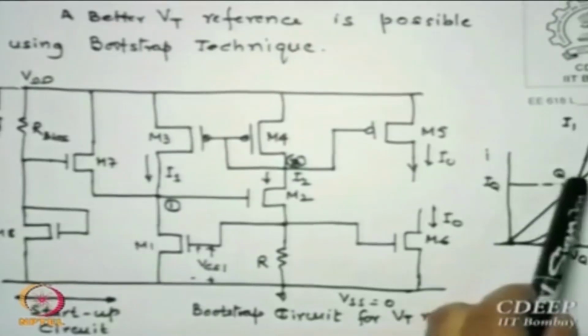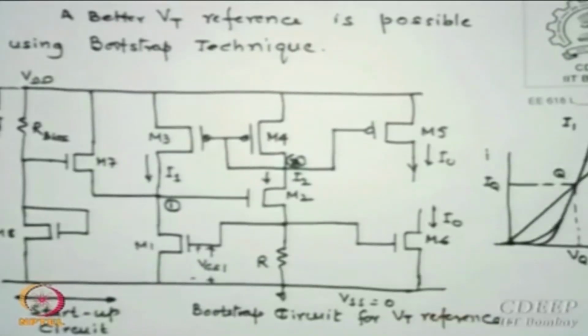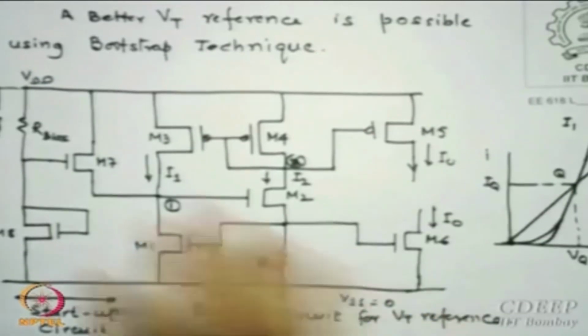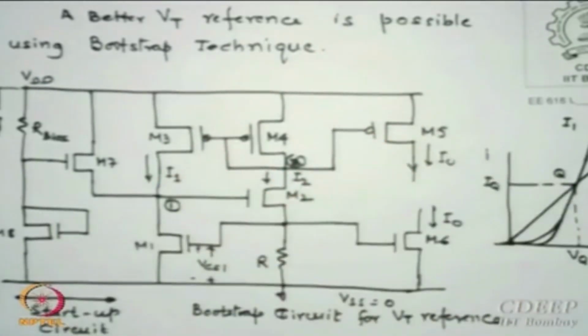So this point is stable now, and therefore you have a good stable IQ VQ situation, and one can say that this circuit only participates till I1 and I2 become equal and reach this value, and once that happens M7 switches off, and therefore the starter circuit does not participate afterwards. Is that clear? So this is only as long as you are not here, otherwise it just switches off.